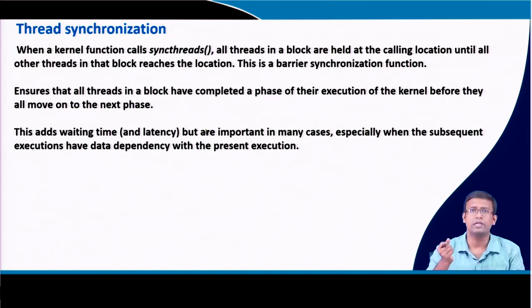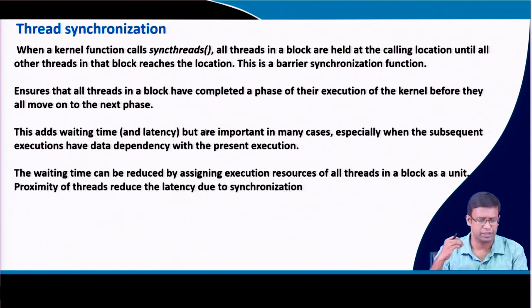This adds waiting time as well as latency, because when one warp is finished, the thread cannot readily pick up the next work, or the next kernel cannot be launched. There is a waiting time, but it is important in many cases, especially when there is data dependency between the previous and new execution.